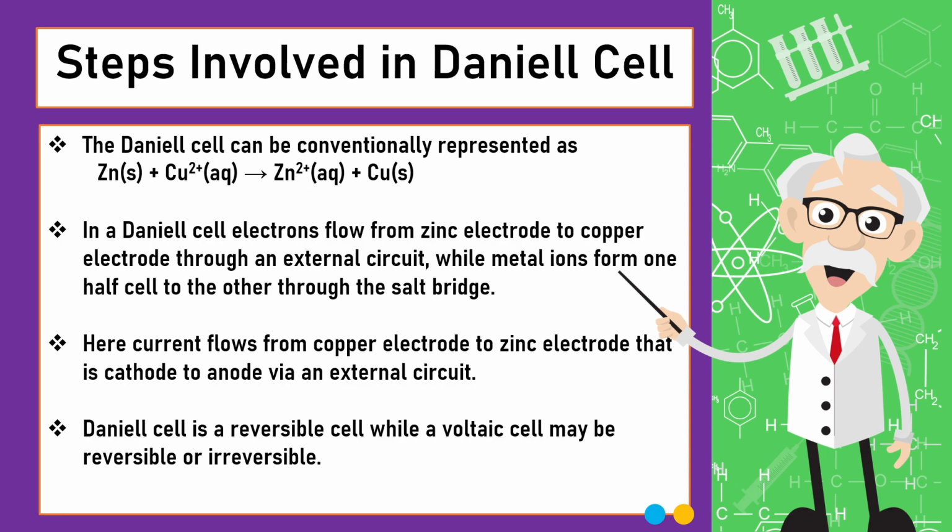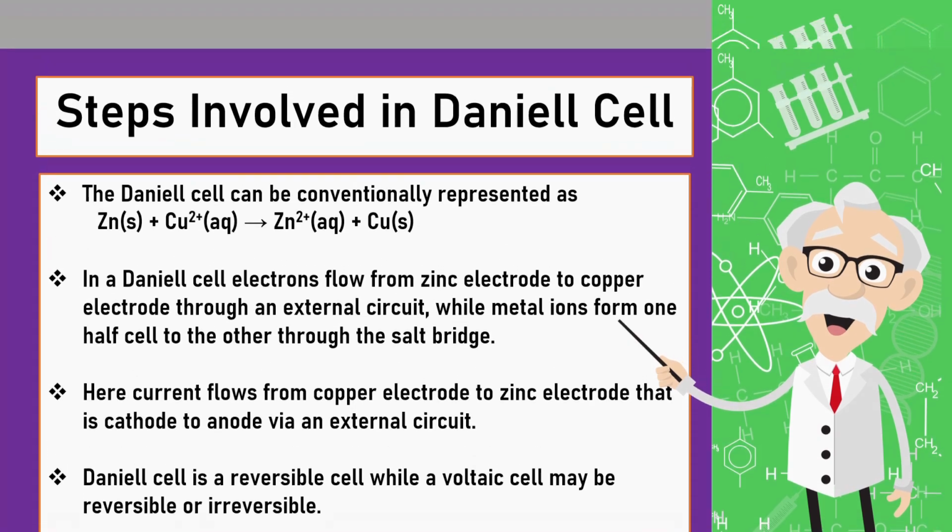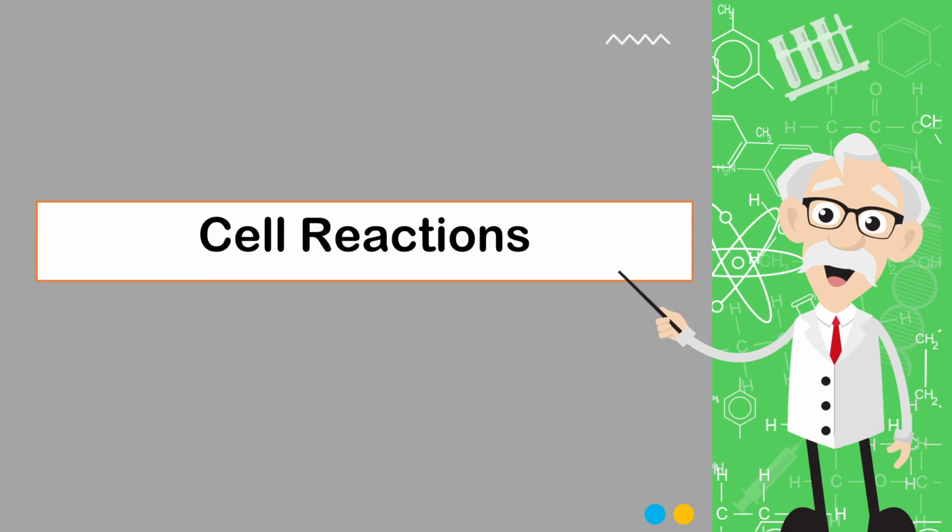In a Daniell cell, electrons flow from zinc electrode to copper electrode through an external circuit, while metal ions move from one half cell to the other through the salt bridge. Here the current flows from copper electrode to the zinc electrode, that is cathode to anode, via an external circuit. Daniell cell is a reversible cell, while a voltaic cell may be reversible or irreversible. Let's move further and check what happened next.